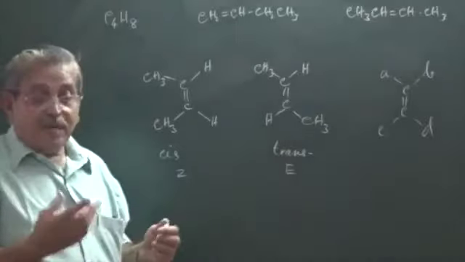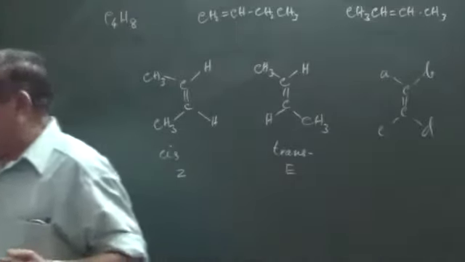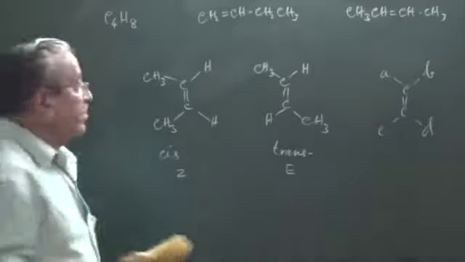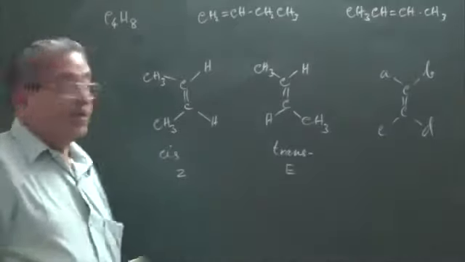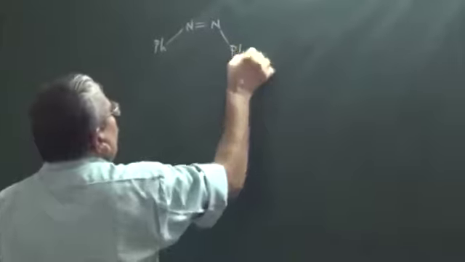Then, such type of geometrical isomerism may also take place in other different compounds. What are they? So, other examples for geometrical isomerism. Now, take this: PhN double bond NPh.